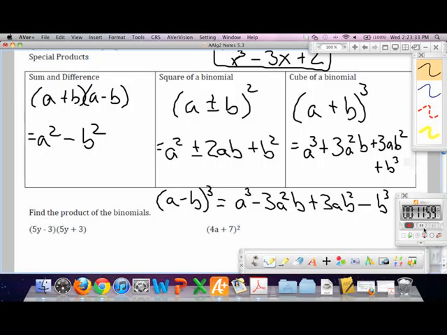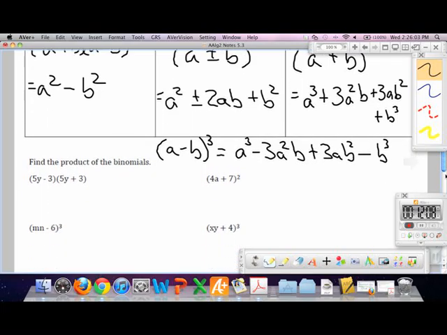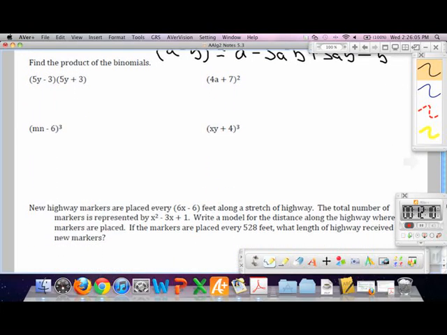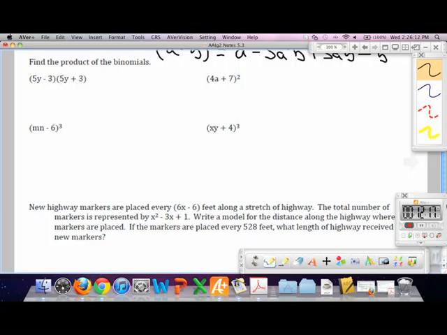Anyway, you can find some products really quickly with those patterns. That's kind of why I gave them to you. If you have the sum and difference of two binomials, where one's add, one's subtract, the pattern says it's just a squared minus b squared.